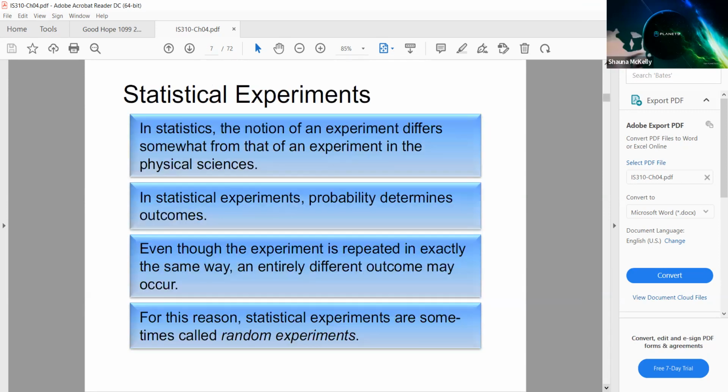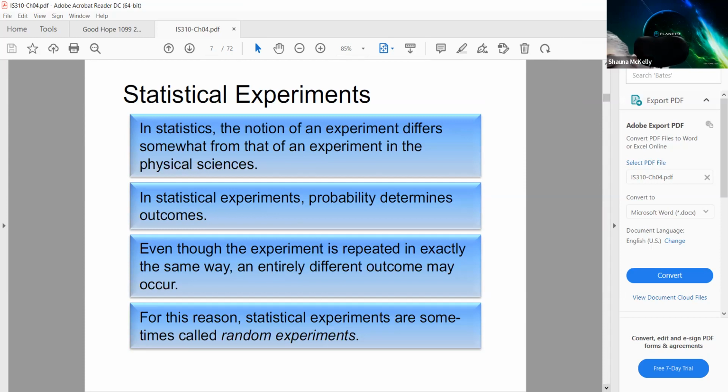Now, before you can get to any of that, you have to have what we call a statistical experiment, okay? Now, if you have a science background, sometimes students get tripped up with this. The scientists get a little tripped up with the way statisticians look at the experiment, because this is not a randomized, double-blind, controlled experiment, okay?